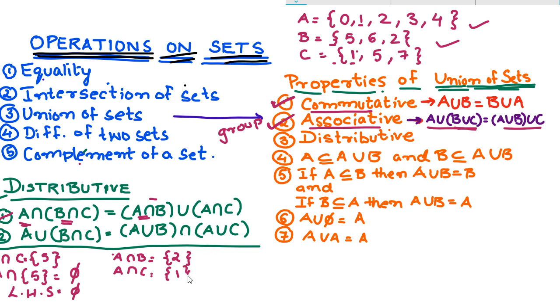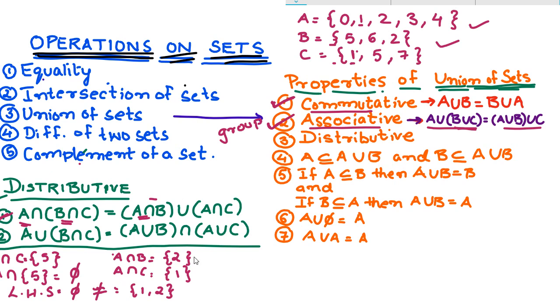So you got singleton elements in both, and the union of those two is basically 1 and 2. So in this case, the LHS is not equal to RHS. So the distributive property is not holding true. The first one is not holding true.